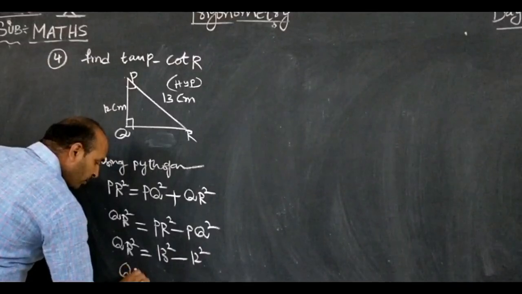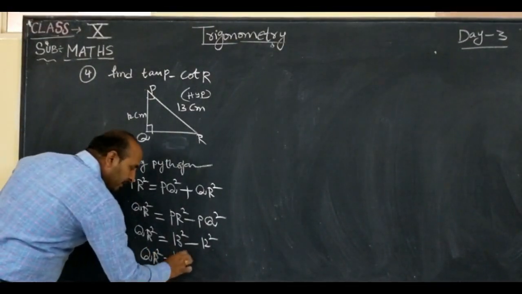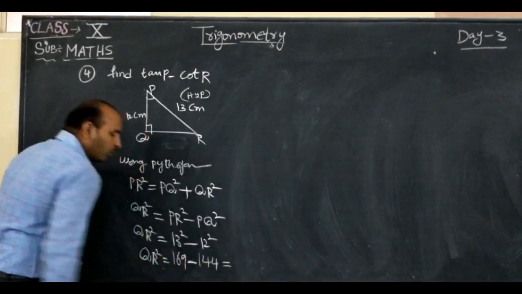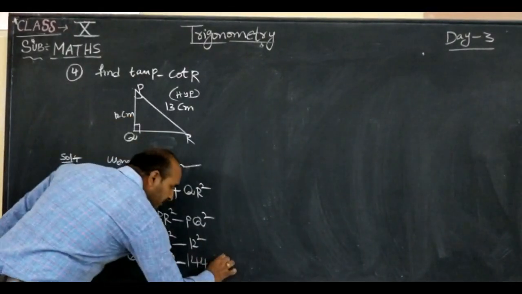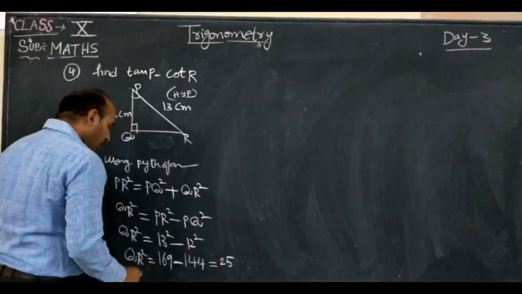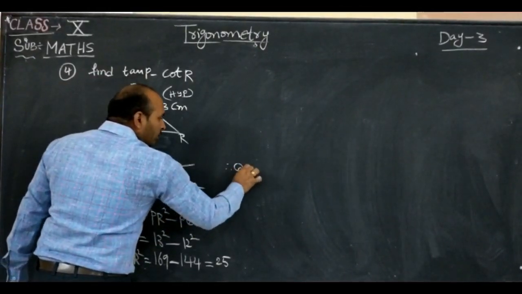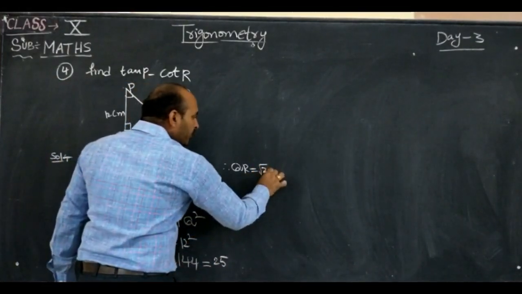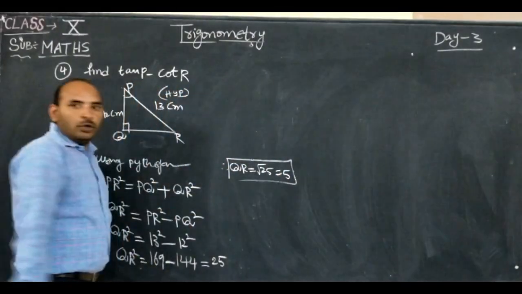So QR square is equal to 13 square value 169 minus 12 square value 144, which is equal to 25. So therefore QR is equal to root 25, which is equal to 5. So the QR side value is 5.